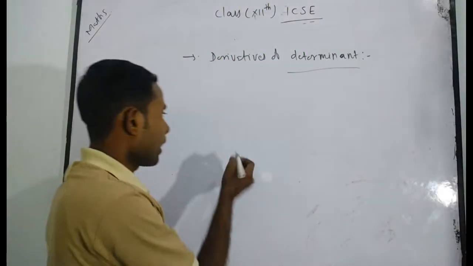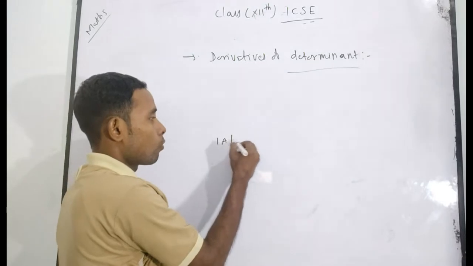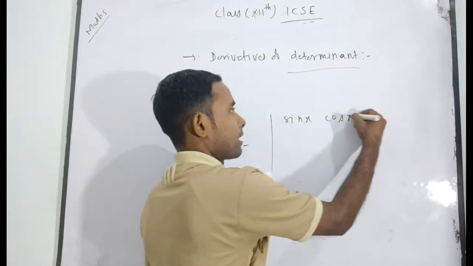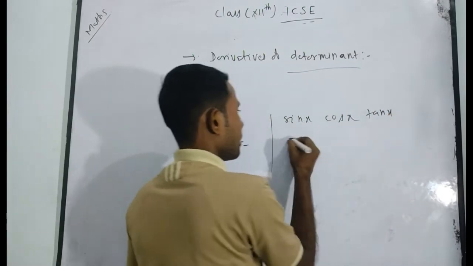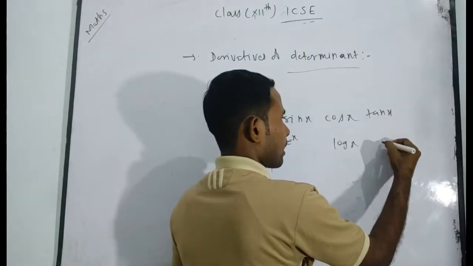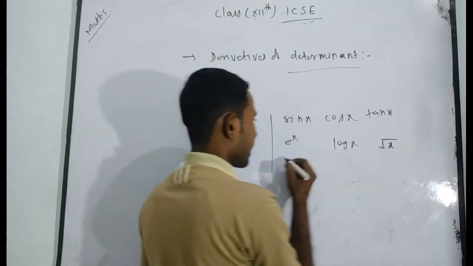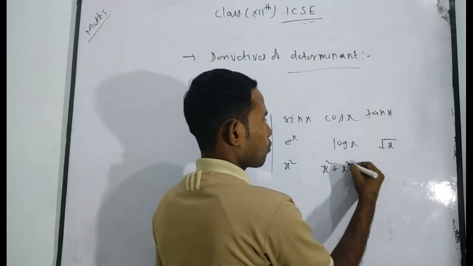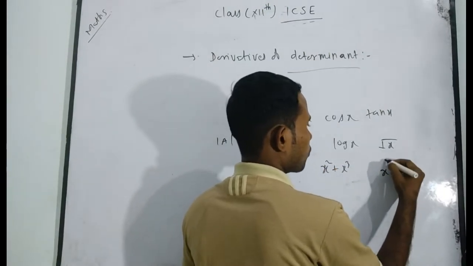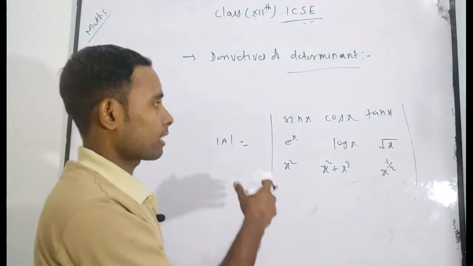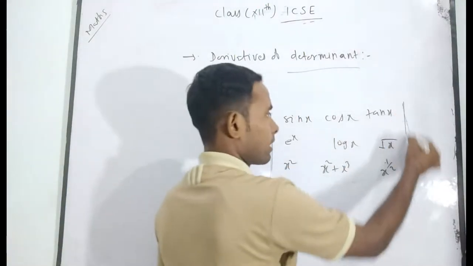Suppose that I take a determinant A which will be sin x, cos x, tan x, and another row will be e to the power x, log x, root under x, and another row again will be x square, x cube, and the final function will be x to the power 1 by 2. These are the functions that will be represented in terms of a determinant.